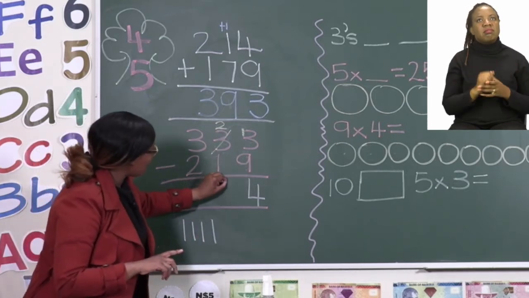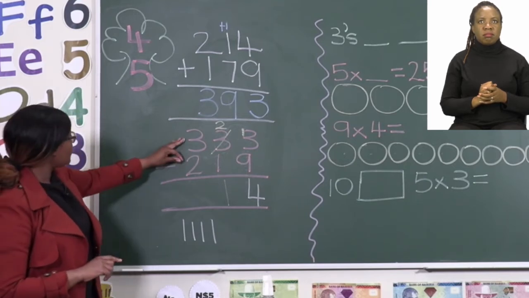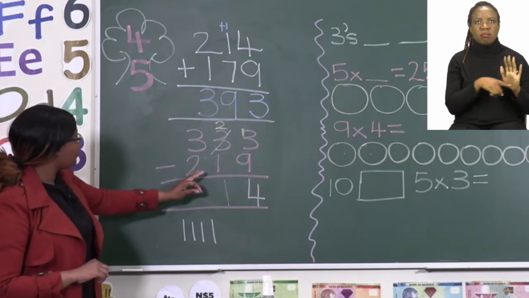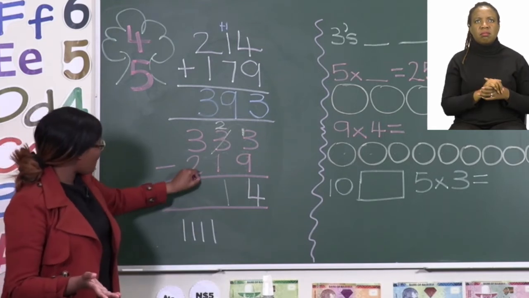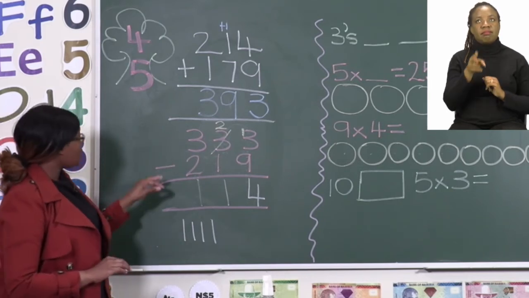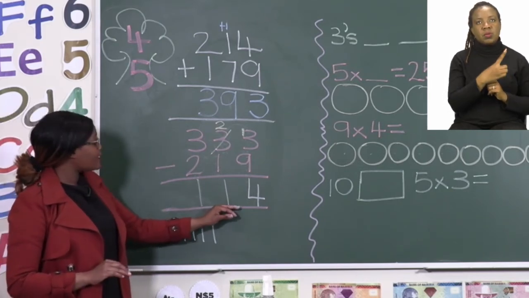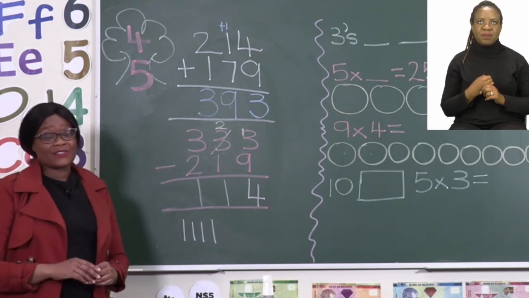So we're going to write our 1. And then the next one says 3 take away 2. And we also know that that one is 1. So our final answer is 114. So take your time, boys and girls.